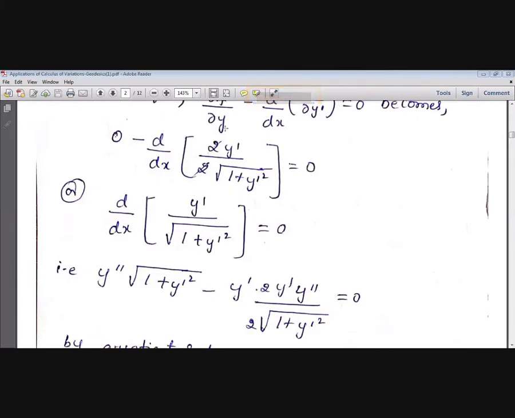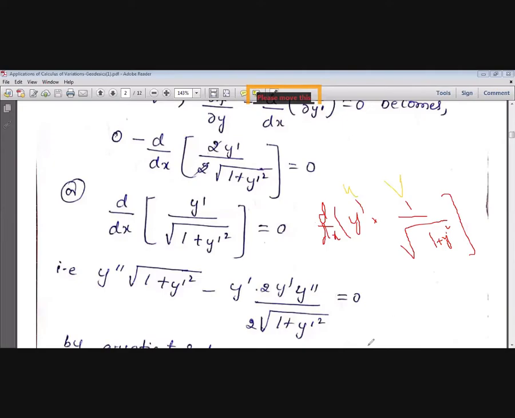This one is U. Where to write? d by dx of y dash into 1 by root of 1 plus y dash square. This we have. This is U, this is V.